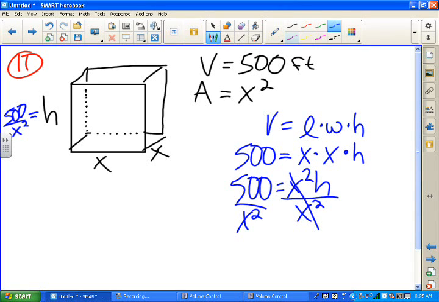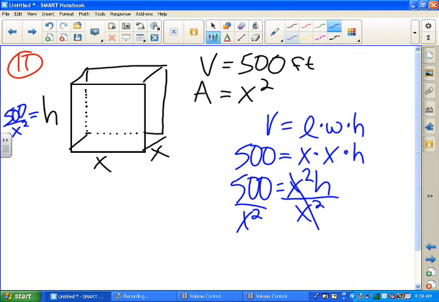Now I have all of my dimensions in terms of x, so I can write an equation in x. I don't want the area of the base, and I don't want the volume. If I was an engineer and needed to figure out the minimal amount of sheet metal needed, what I'm really talking about is the surface area of the box.